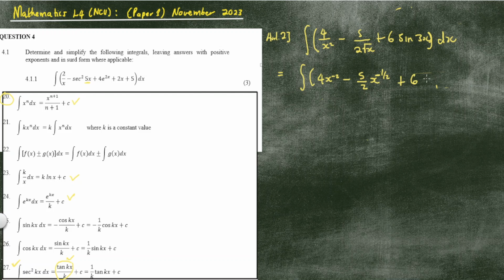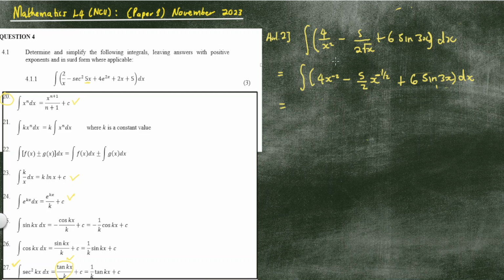Plus 6 sine 3x dx. Now remember, we are not getting the integral yet. We are just simplifying so that we can get the integral.